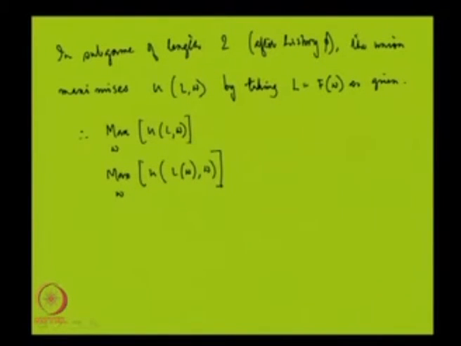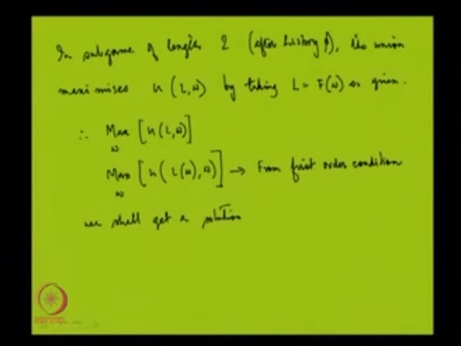So, therefore, we shall get from first order condition, just differentiating this function with respect to W and set that equal to 0, and that will solve for W star.